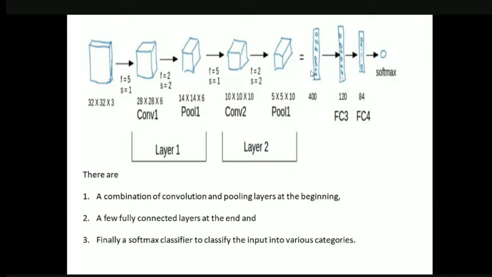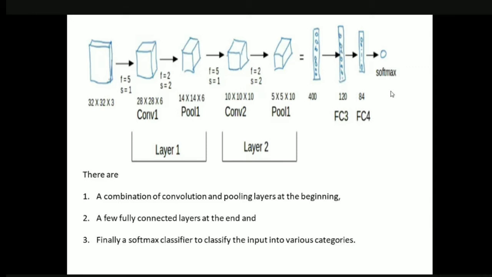Now, after applying repeated convolution and pooling, we got these particular values. That is, now we have got 400 values. As I already told, we will convert this into a single large vector, and now we feed these values to the fully connected layer. Finally we will use a softmax classifier.